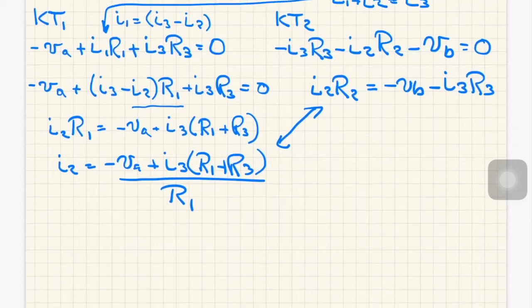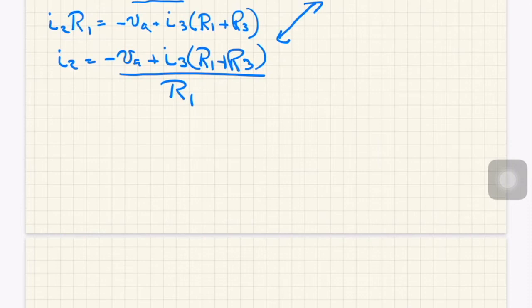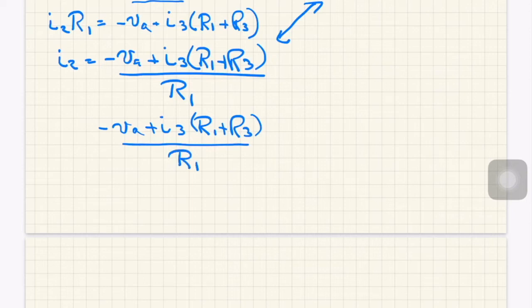So now, let me scroll up here a little bit, I can write an equation that couples those two equations. So now I can say that I have minus VA plus I3 times R1 plus R3 over R1 is going to be equal to, and now I actually took a shortcut here, sorry, I should have written this out.